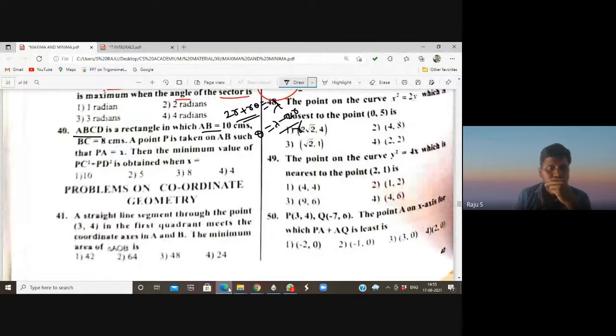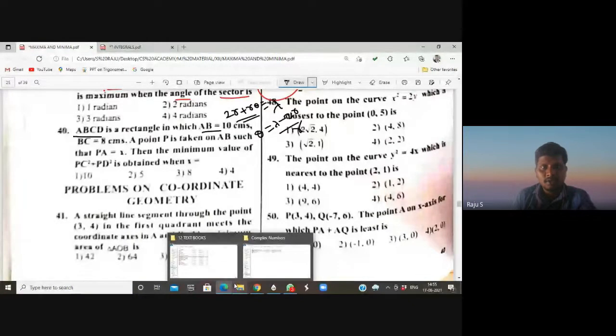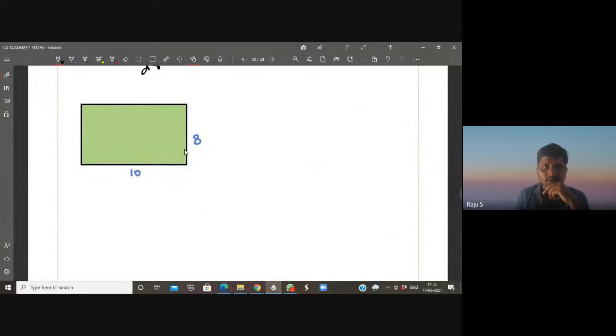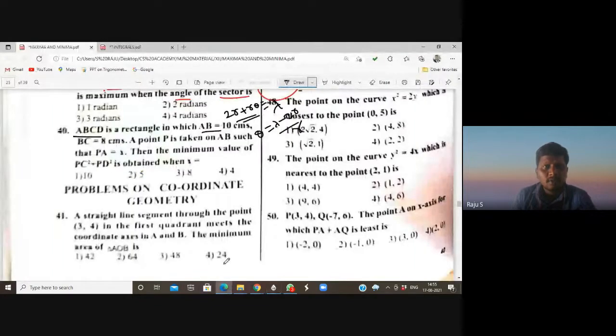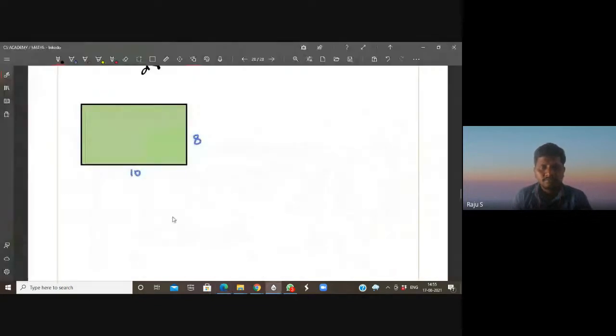P is any point taken on AB such that PA is equal to X. Students, P is any point on AB, somewhere I'm taking here.